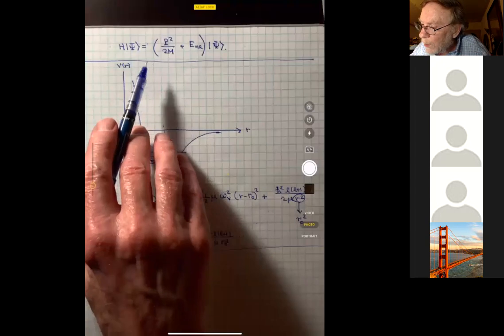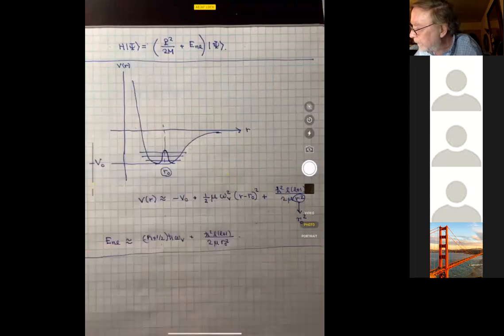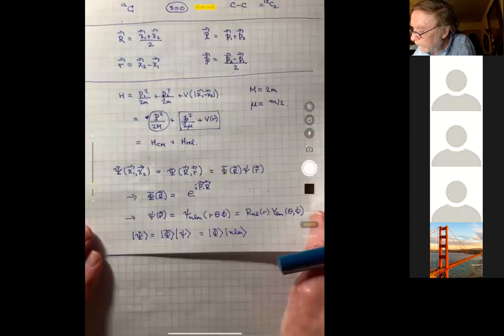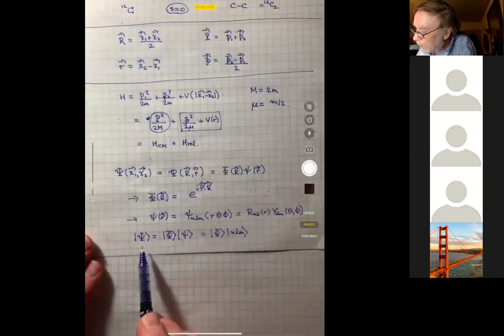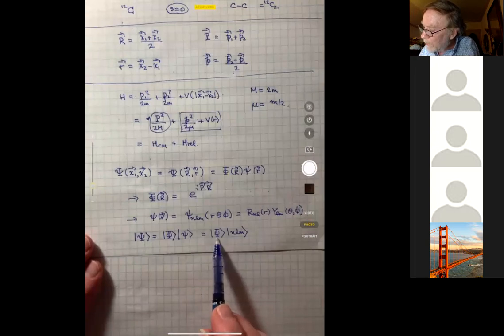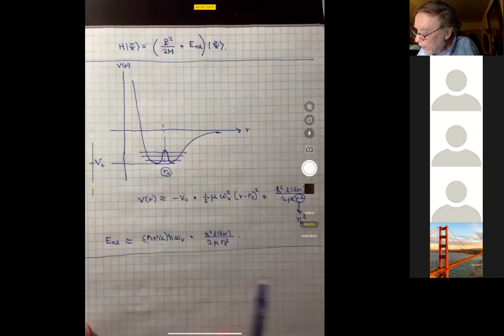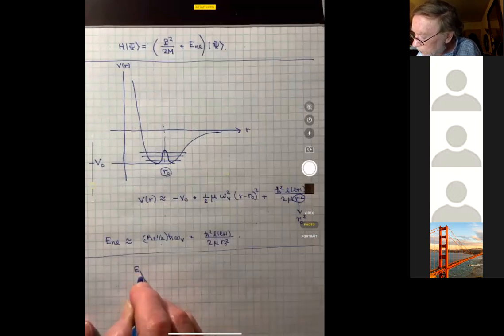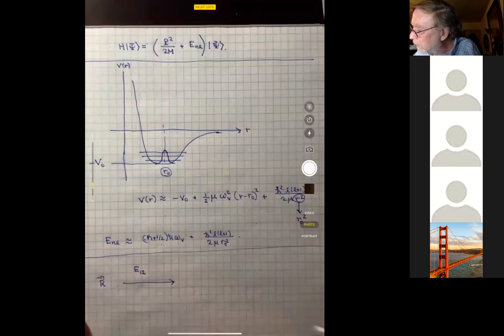Now, to go back to exchange, what does exchange do to the state psi? Here, let me repeat what the state psi is. Here's the state psi. It's a product of the free particle center of mass state times the nlm state for the relative motion. Let's look at what E12 does to various operators. Let's look, for example, at the center of mass operator. What does E12 do to it?